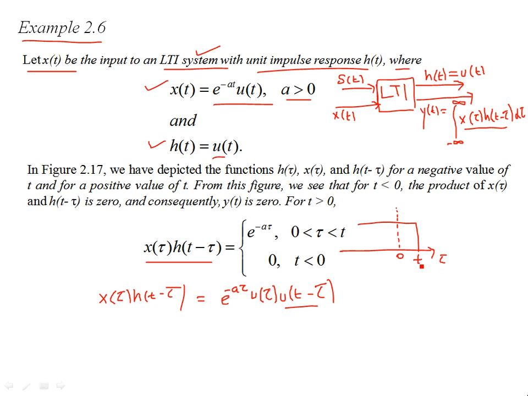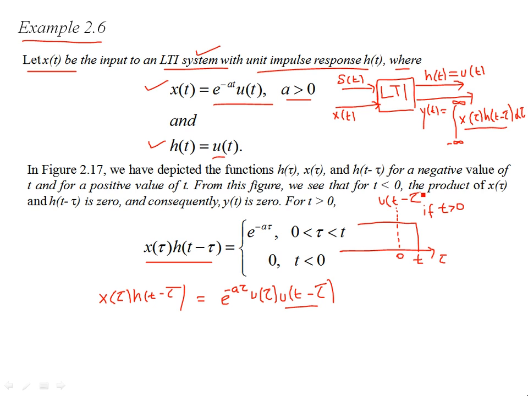Then if t is greater than 0, this is a flipped and time shifted version of your impulse response h(t). So this graph depicts u(t minus tau) precisely.